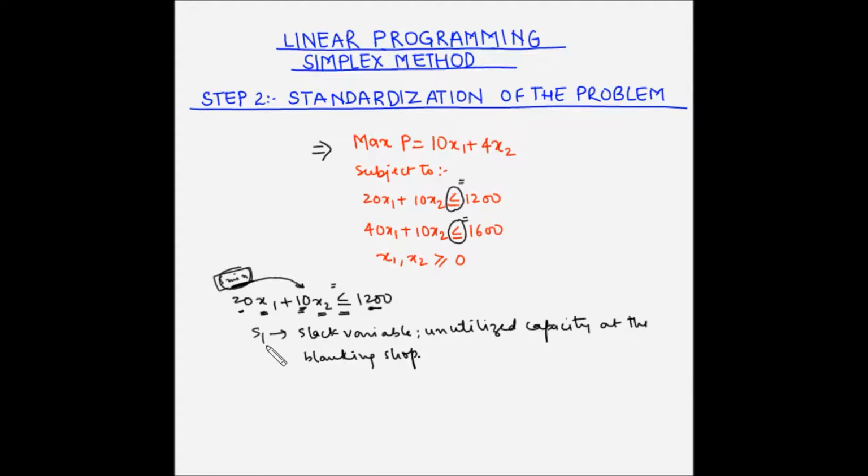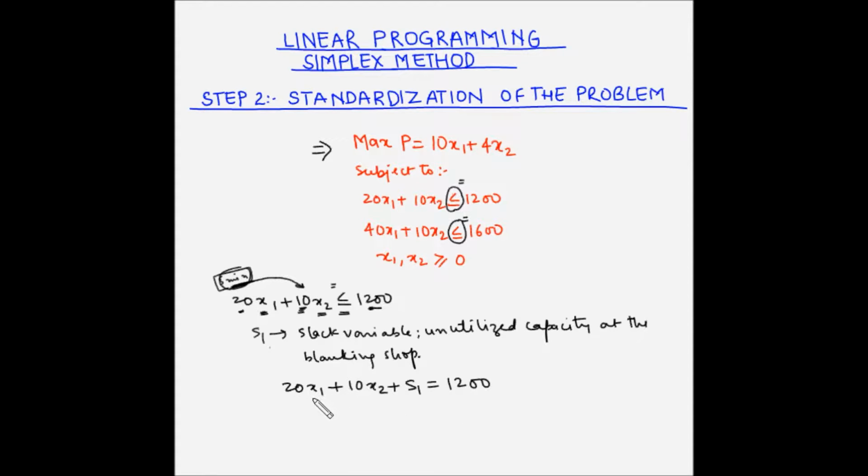So let's add this variable to this constraint. So our equation becomes 20x1 plus 10x2 plus S1 is equal to 1200.